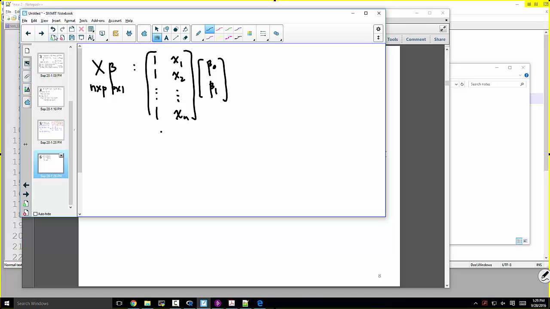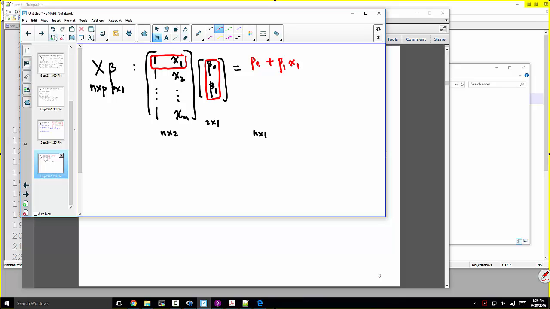N by 2 times 2 by 1 is going to give us an n by 1 column vector. And the first element is going to be the dot product of the first row with the betas. What that means is you would do 1 times beta 0 plus x1 times beta 1.